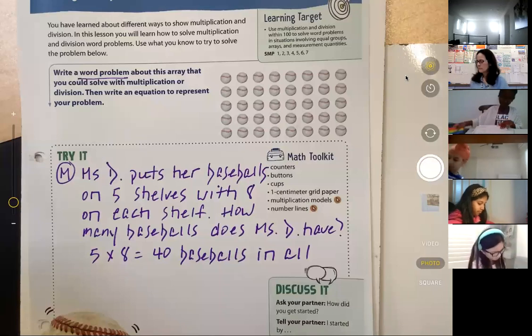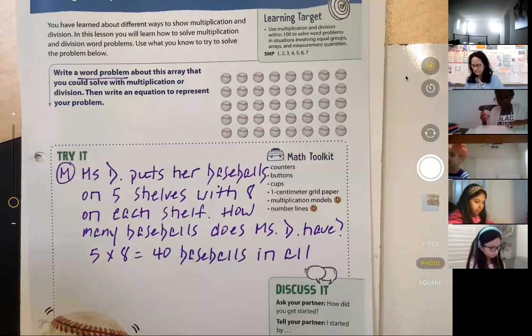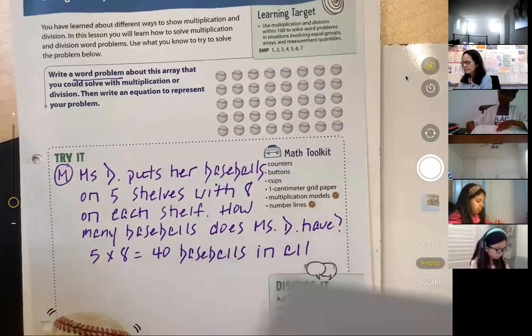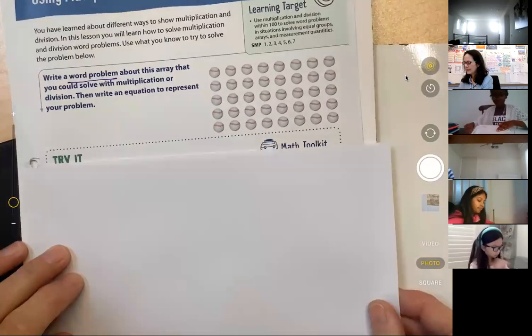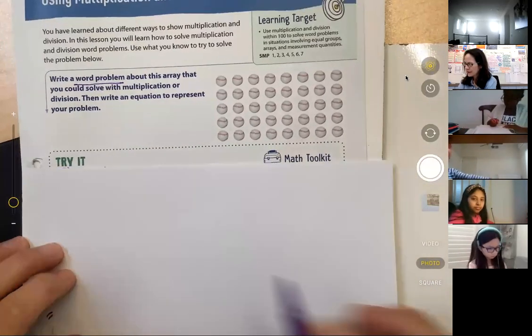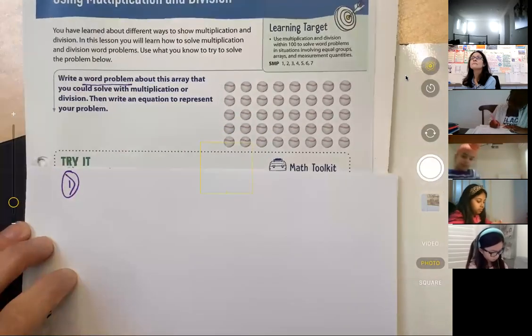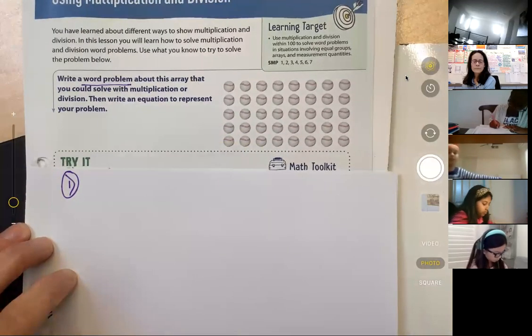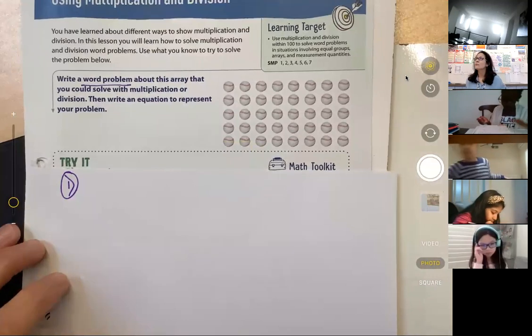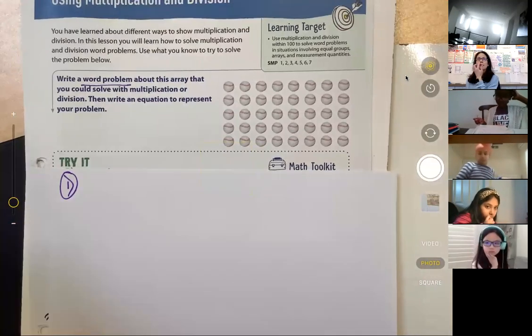So in talking about division now, here we go. Now I'm going to call this division. Now it's division. And you should be writing this underneath your multiplication, right? Or on a separate piece of paper like I am, if you need to do that.